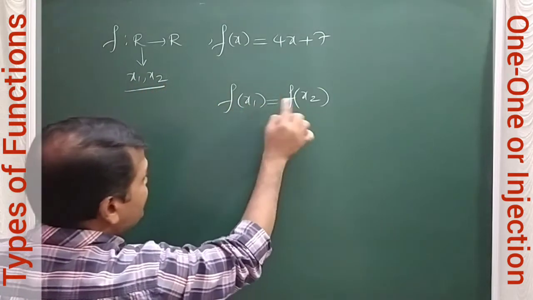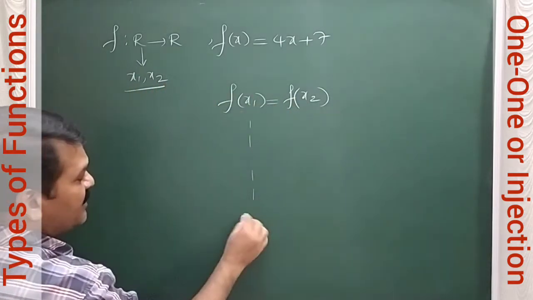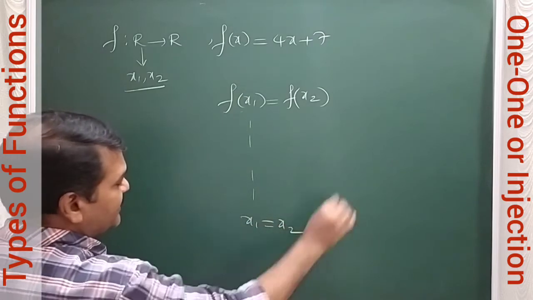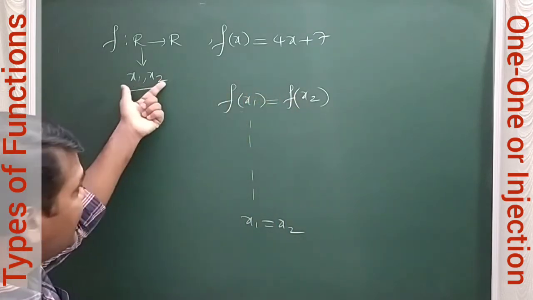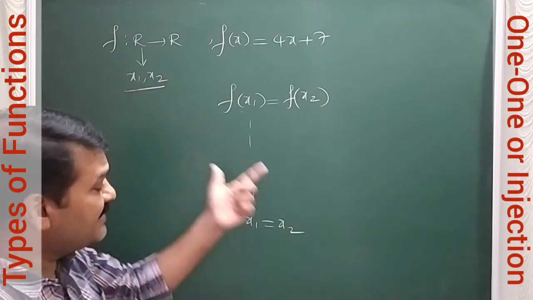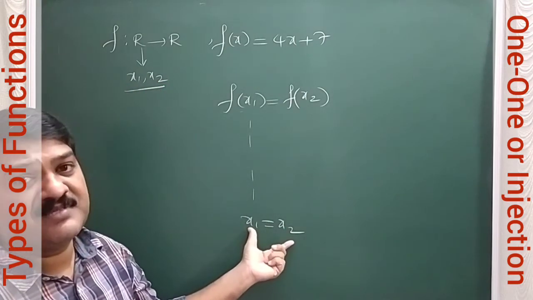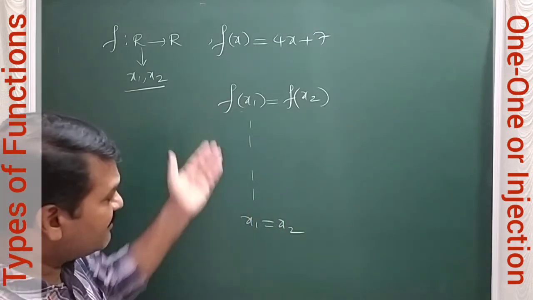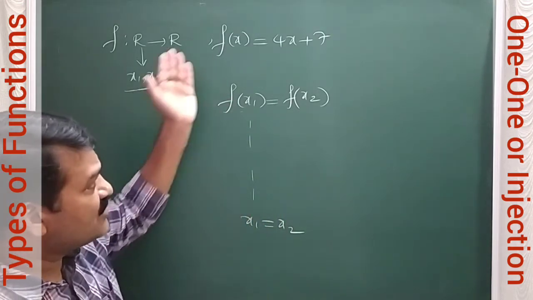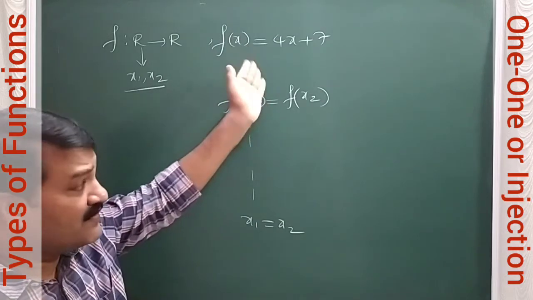If the images are the same, then on simplification you should finally get that the elements themselves must be the same. We have discussed this property. This is the working rule to judge whether a function is 1-1 or not.